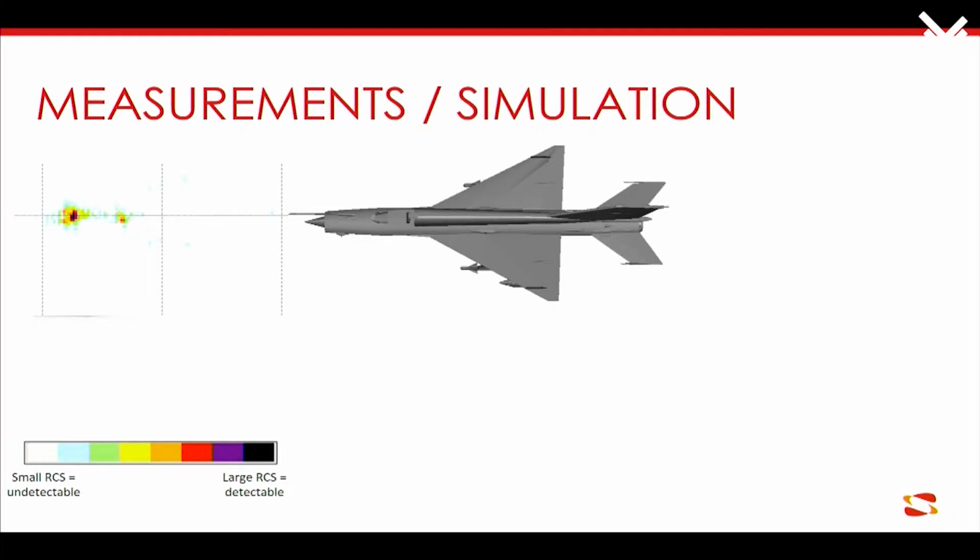It sends the waves in the direction of the aircraft, and part of those waves are reflected, and we record these waves in a file. When the radar is on the left side, the measure is different because from this angle the left wing is more detectable.